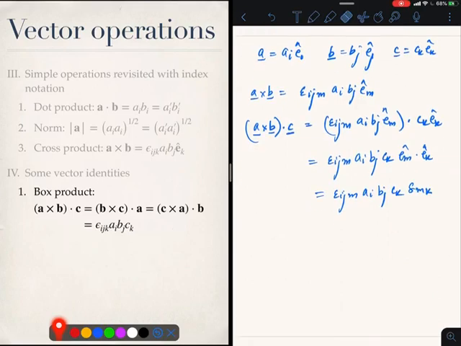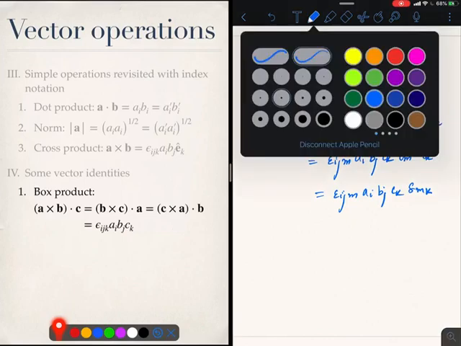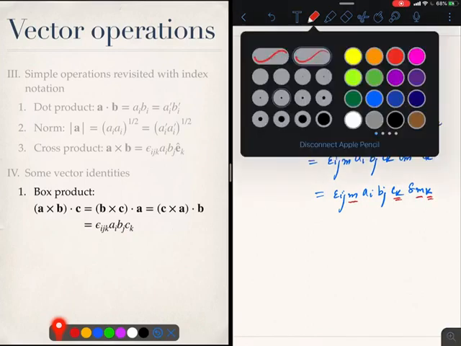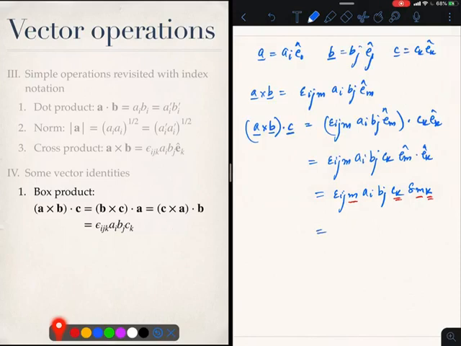Okay, now wait a minute. That's a contraction operation over there. So this means this is only going to be epsilon_ijm a_i b_j c_m.